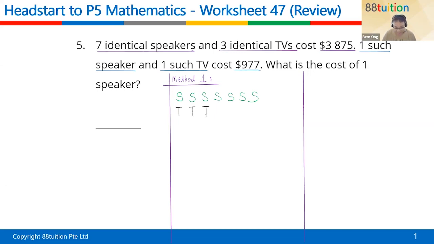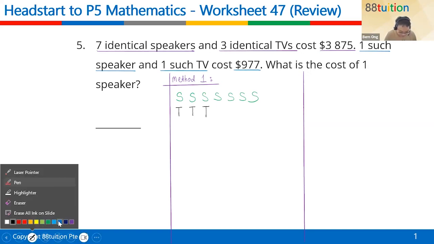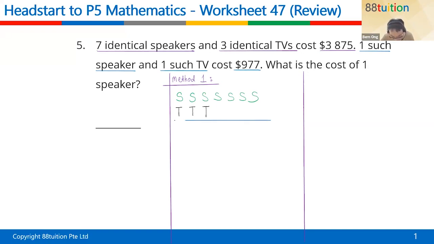So S for speaker, T for TV. And this entire thing costs how much? According to the question, the first information says this whole thing costs a total of $3,875. Wow, very expensive.